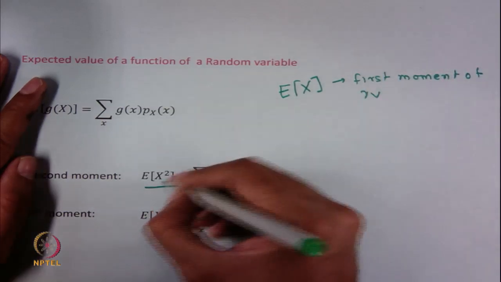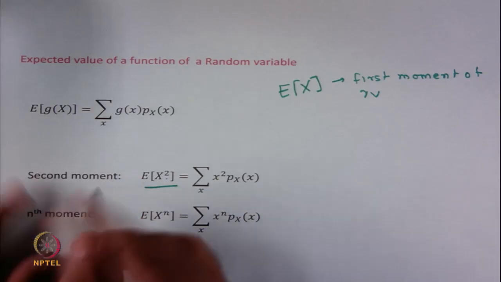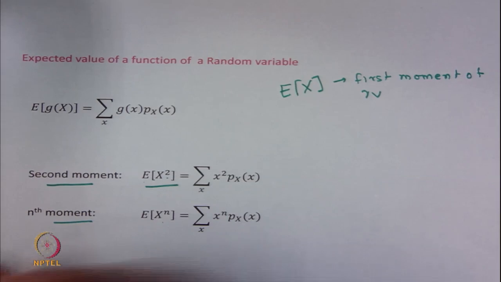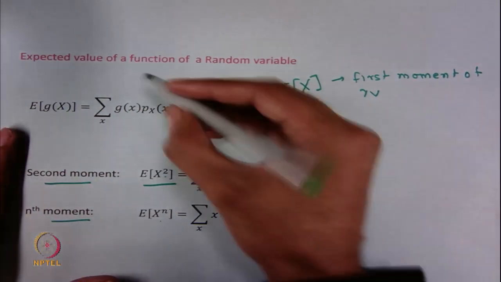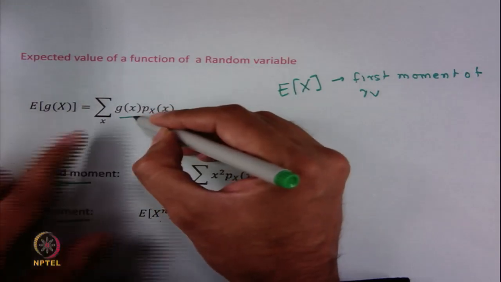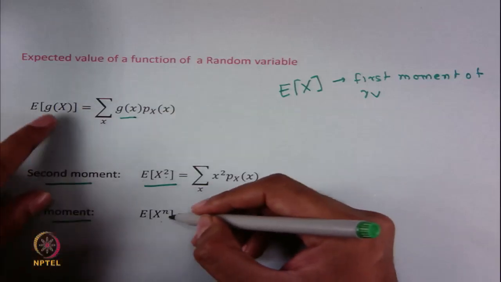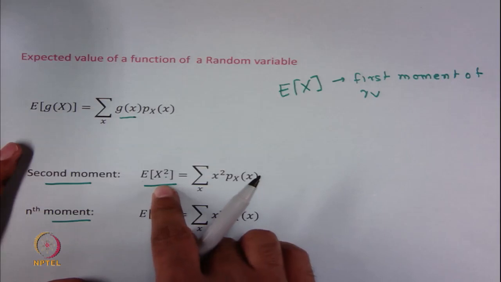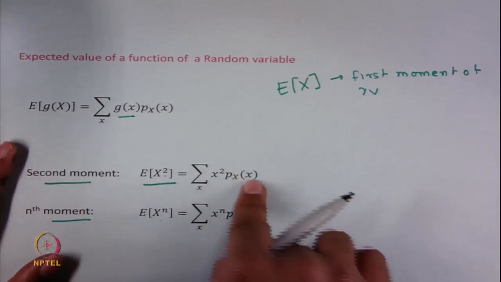The second moment is E x square. So, if you are trying to find the expected value of x square, that is known as the second moment. If you want to find the expected value of x to the power n, that is known as the nth moment. Since x square and x to the power n are functions of x, you can interpret the expected value in terms of the probability mass function of x.